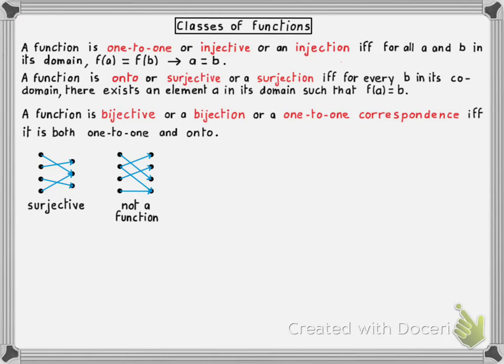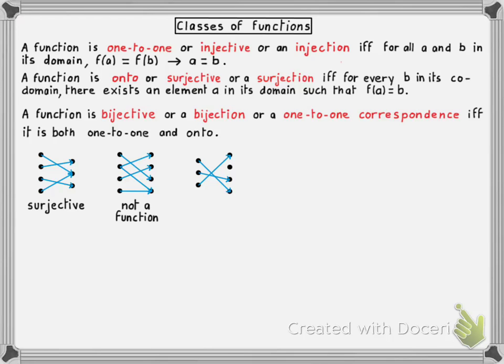Now to the next example. Please check that this is a function. Okay, you agree? Now what kind of function is it? Well, if you look at the elements of the codomain, you notice that every element here has either 0 or 1 arrow into it. And that is the definition or the graphical representation of an injective function.